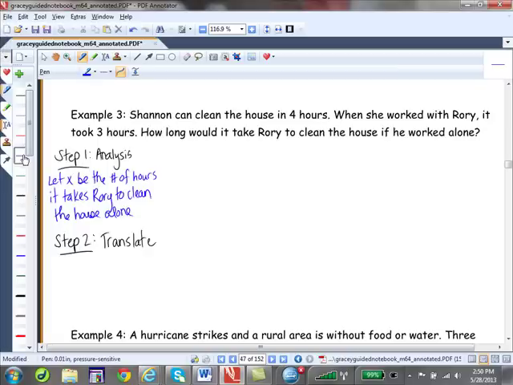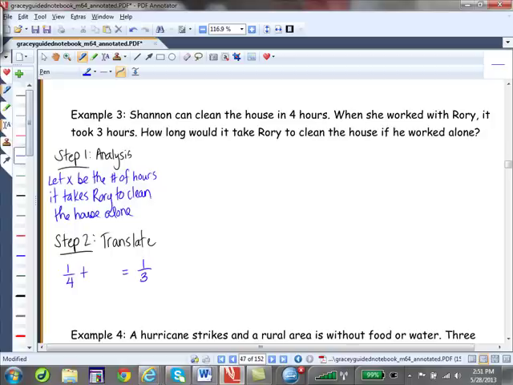So Shannon can clean the house in 4 hours. So what you think about is, if I'm cleaning at the same rate, what portion of the job is done in 1 hour? Good. A quarter of the job would be done in 1 hour. Now, when she worked together with Rory, it took 3 hours.